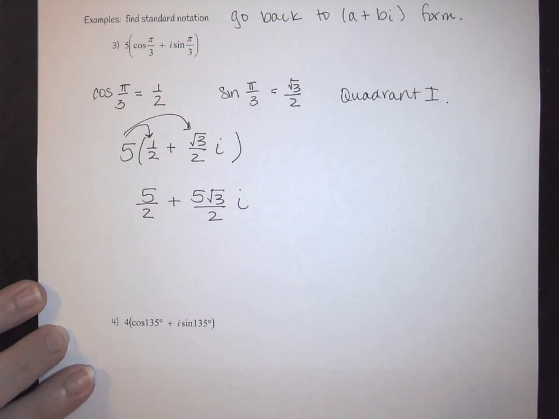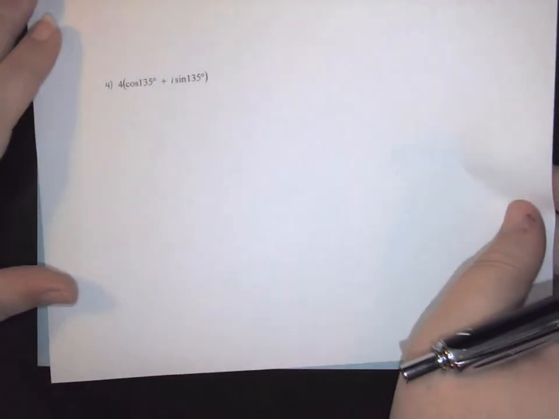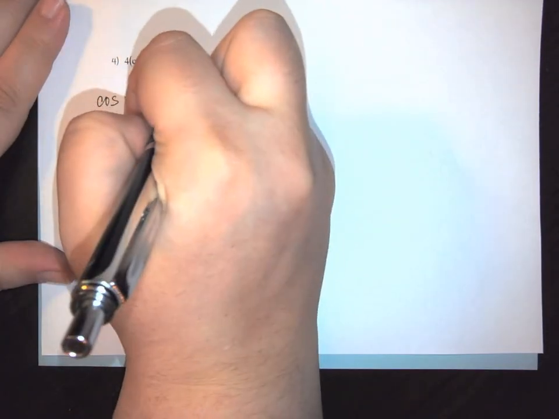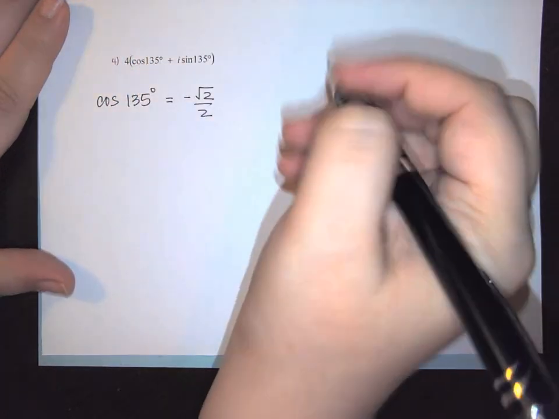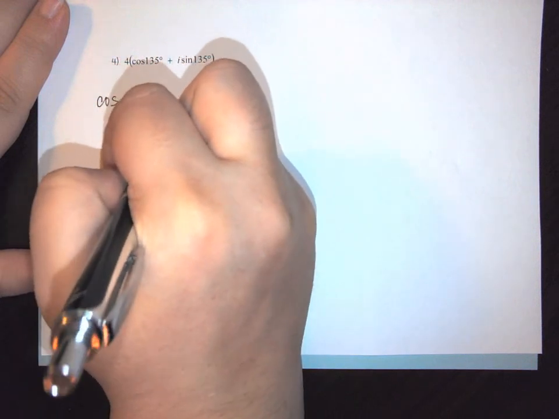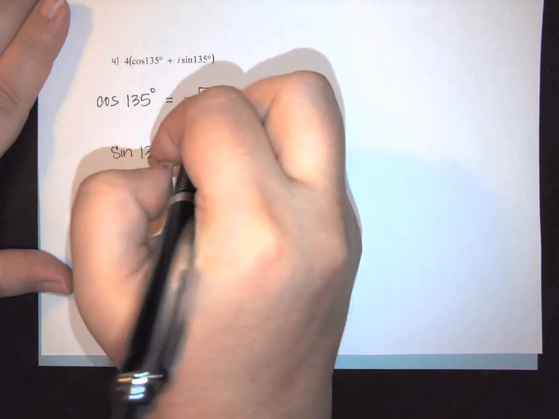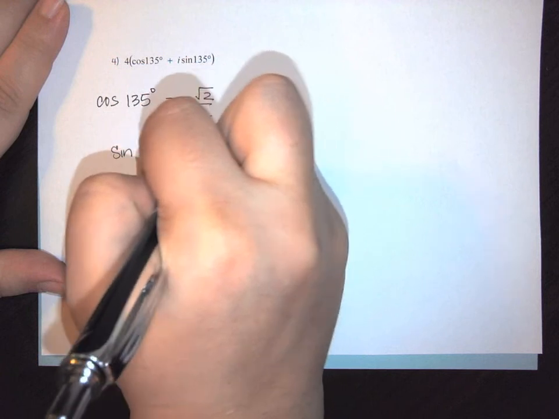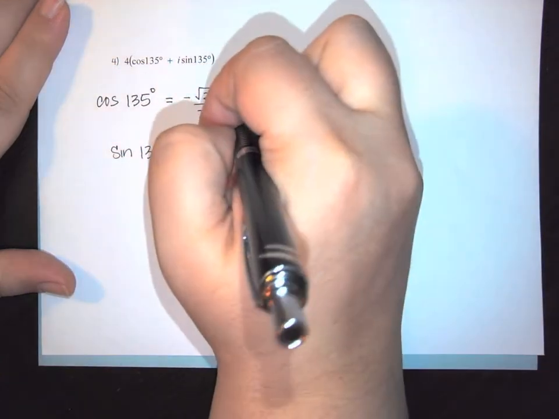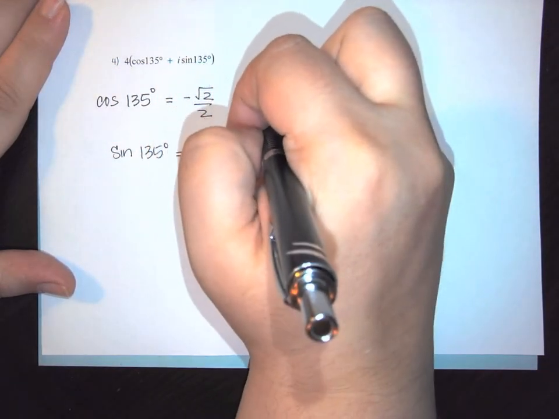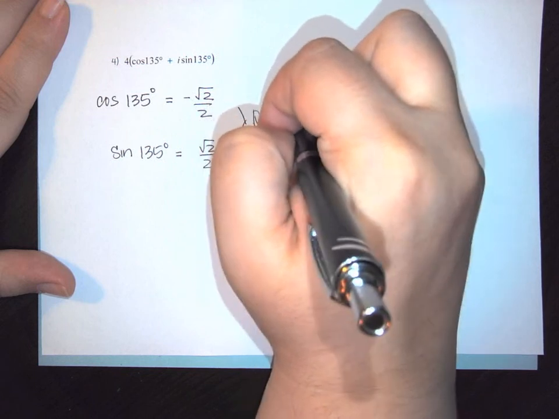Alright, let's do it one more time. Here I've got the cosine of 135 degrees, which is going to give me negative square root of 2 over 2. I have the sine of 135 degrees, which gives me positive square root of 2 over 2. This right here tells us that we are in quadrant 2.